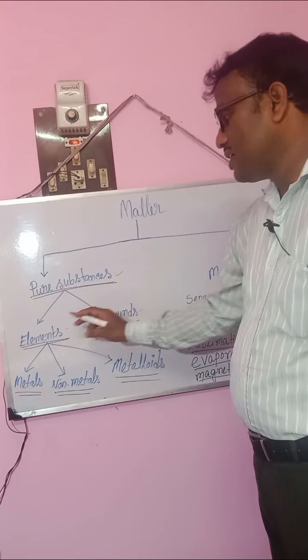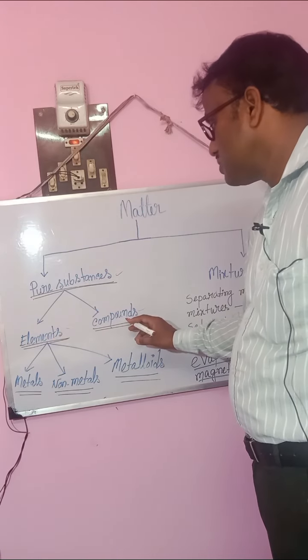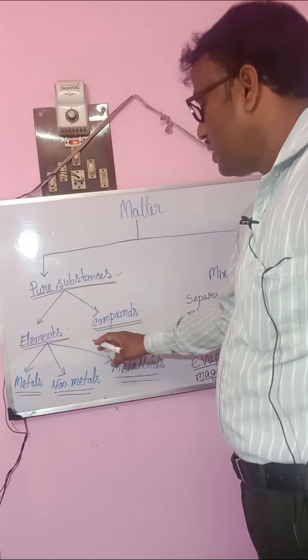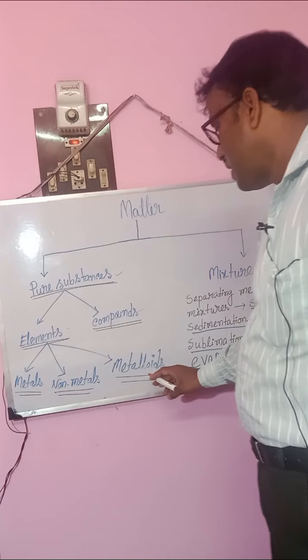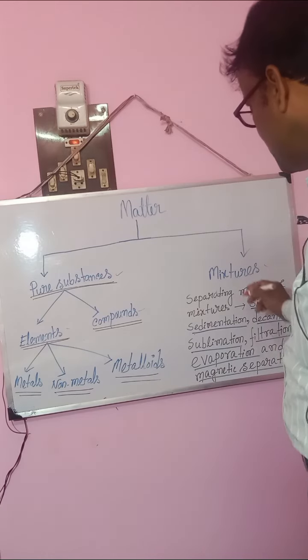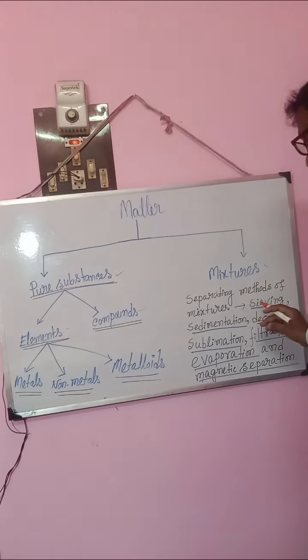Pure substance is of two types: elements and compounds. Elements are of three types: metals, non-metals and metalloids. Mixture: the separating methods of mixture are sieving, sedimentation, decantation, sublimation, filtration, evaporation and magnetic separation.